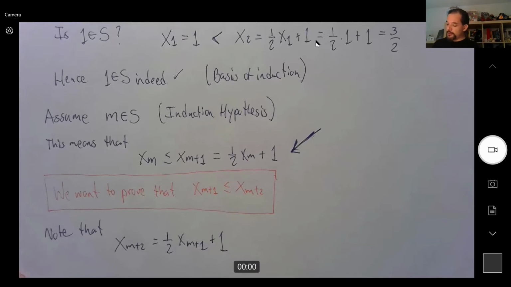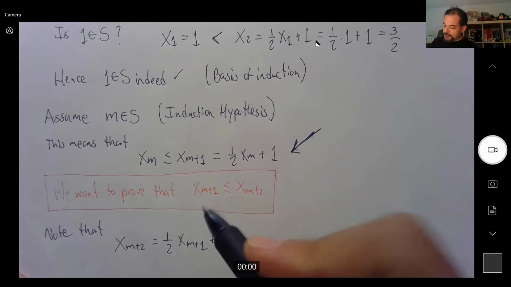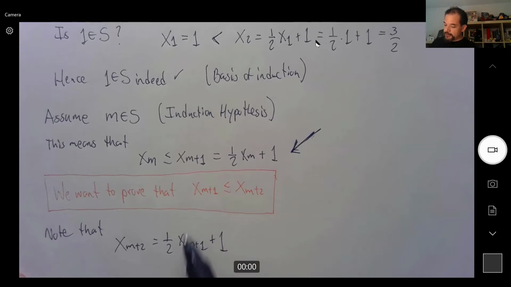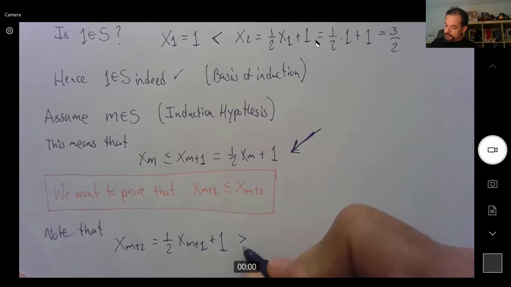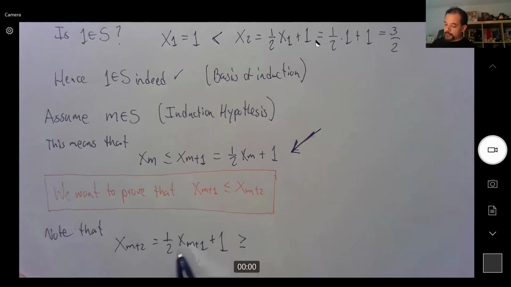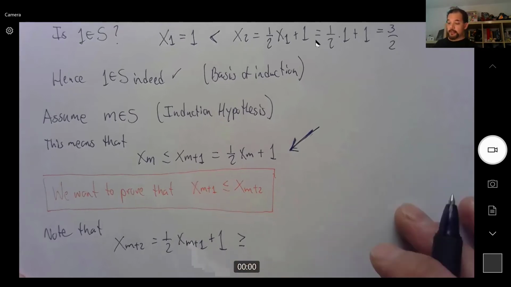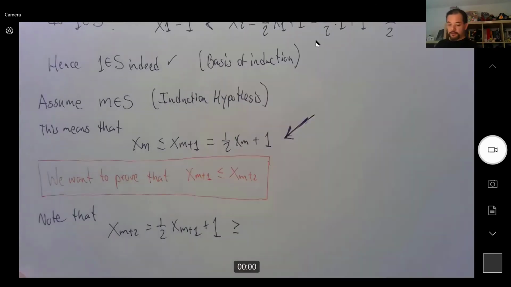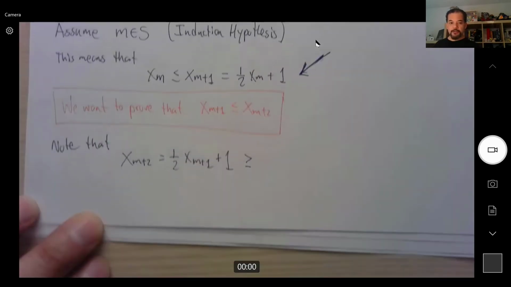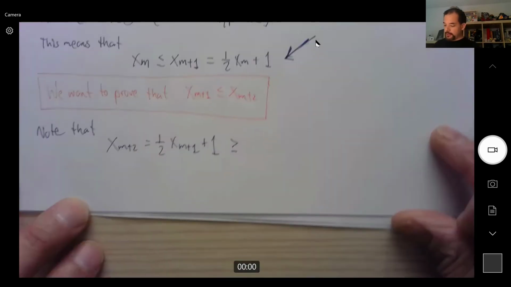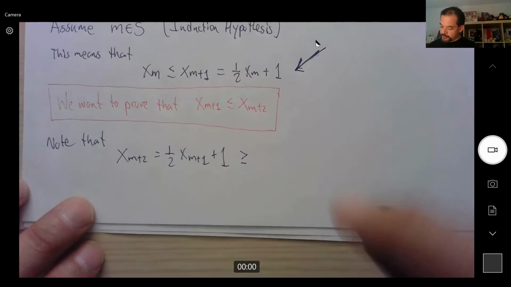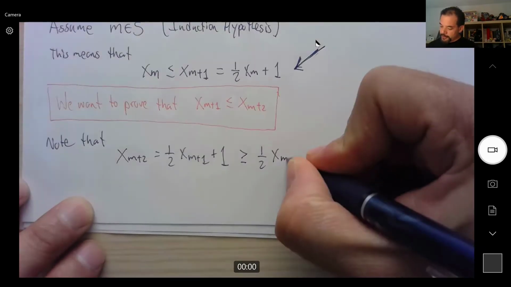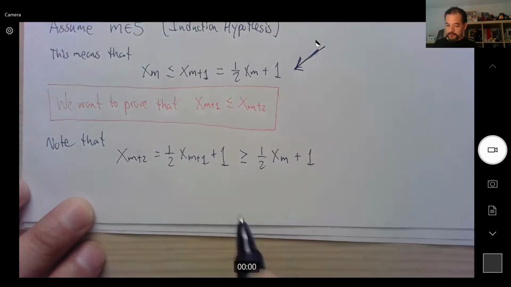Okay, so how am I going to do it? Well, I'm going to realize that this number xm plus 1 is bigger than xm. And so if I multiply this inequality by 1/2, it keeps going. And if I add 1, it still verifies as well. So what I mean to say here is that this is greater than or equal to 1/2 of xm plus 1, correct?